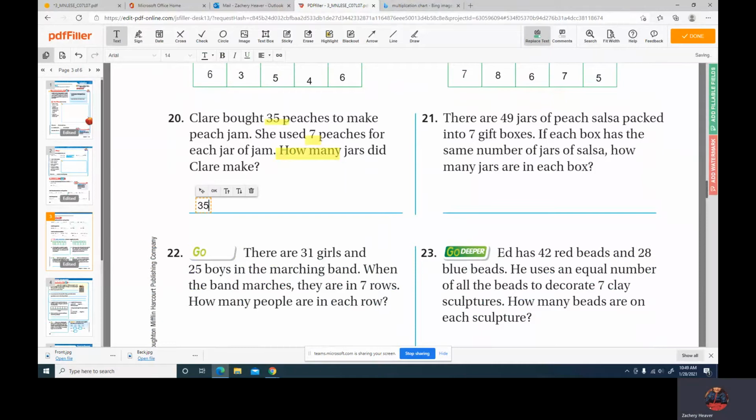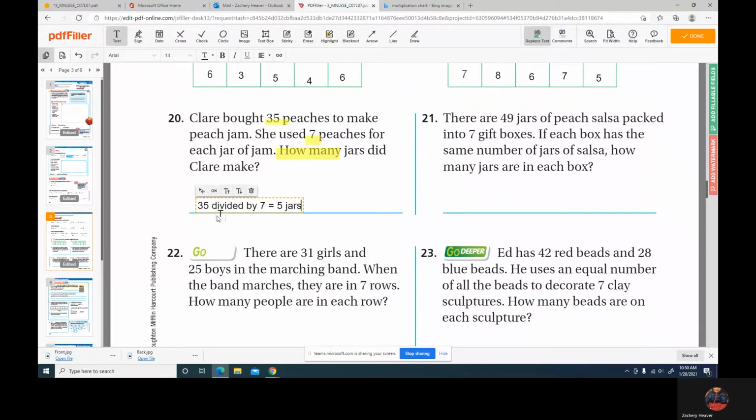Let me get a division sign real quick. Right here. So it's going to be 35 divided by 7, which equals 5 jars.